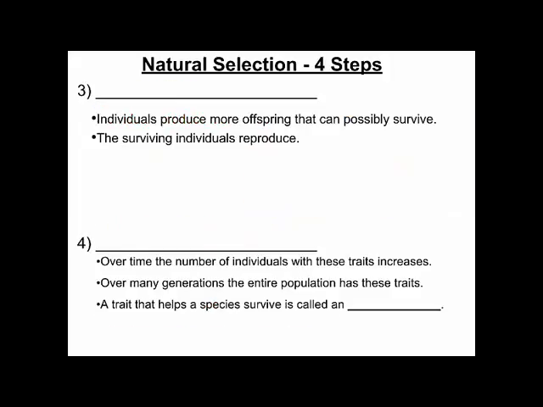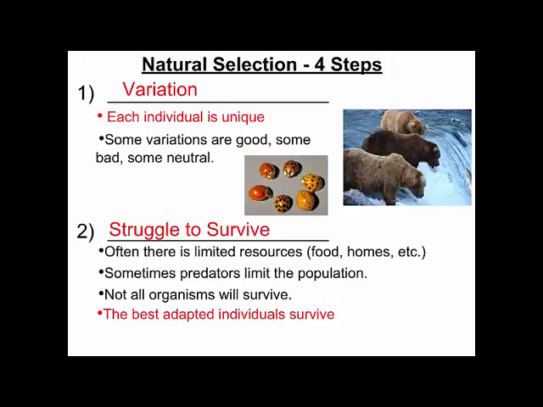What are their offspring going to be like? The best adapted individuals survive. And because they can survive, they can reproduce. So let's say this ladybug is the most successful. For some reason, those darker spots help it survive better. When this ladybug reproduces, what are her little ladybug babies probably going to be like?